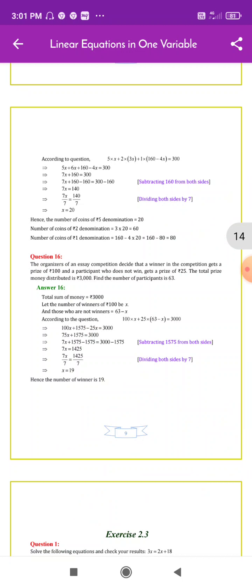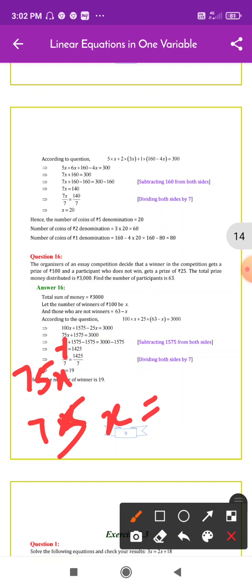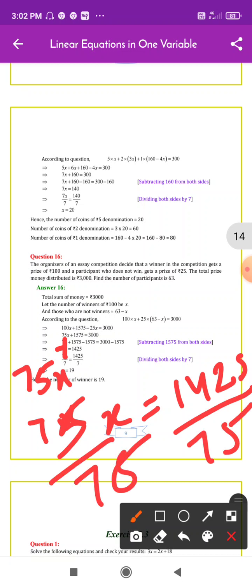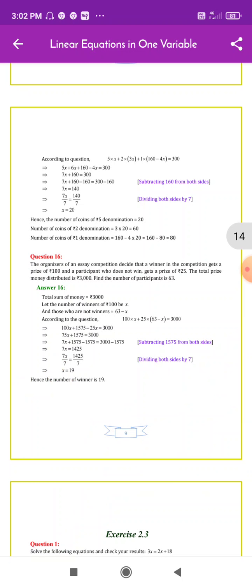Students, there is a correction here. Where 7x is written, please write 75x instead. After subtracting 1575 on both sides, we have 75x equals 1425. Now we divide both sides by 75 and we get the answer for x. Okay students, please do the correction where 7x is written.